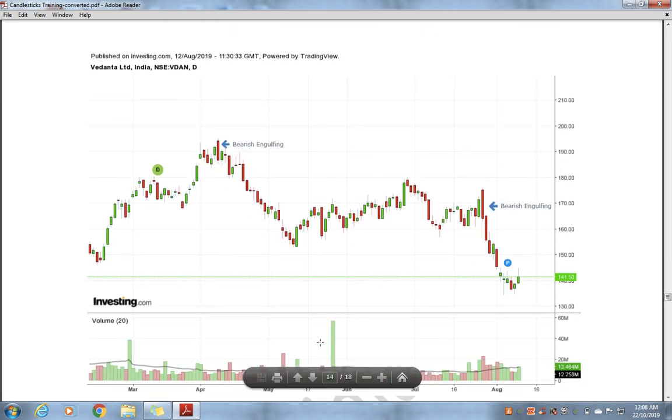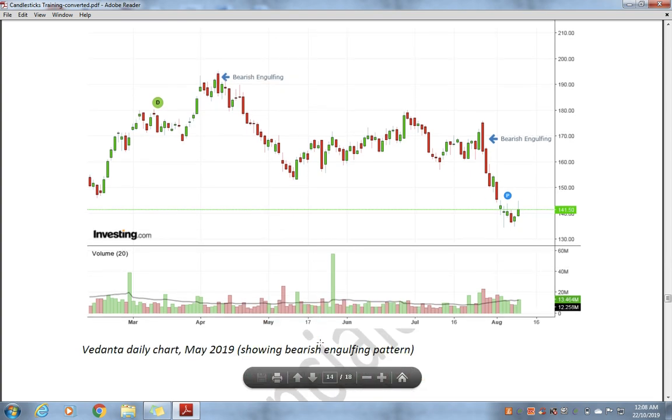So I'll show you another example of Vedanta of May 2019 on the daily charts. Prices have been rising, so a prior uptrend has been established. At the top of the uptrend, we see a green candlestick and it is totally engulfed the next day by a red candlestick, and prices start to make new lows. And this candlestick is not only engulfing the body but also the shadows of the green candle.